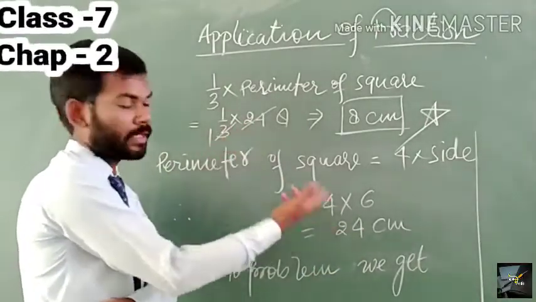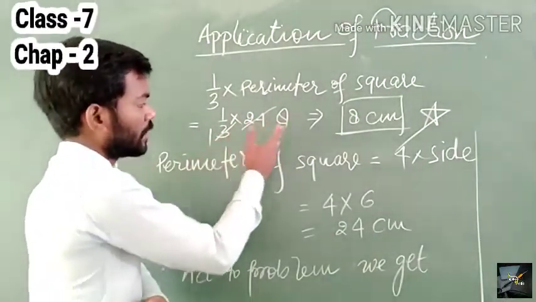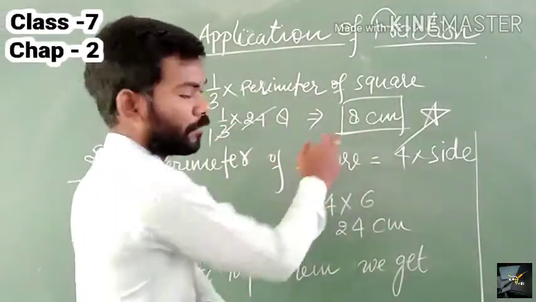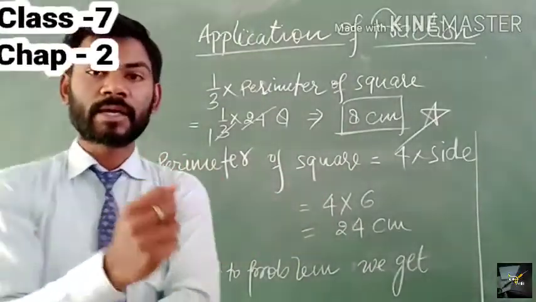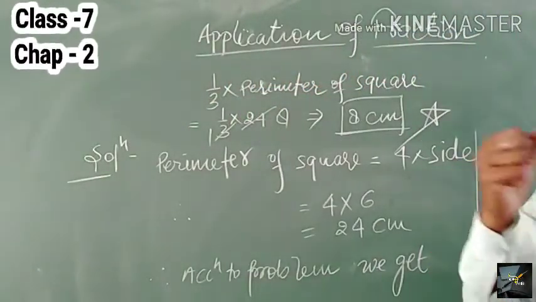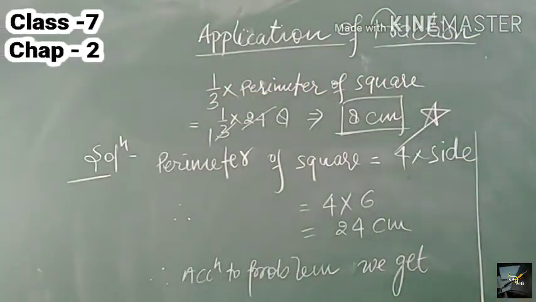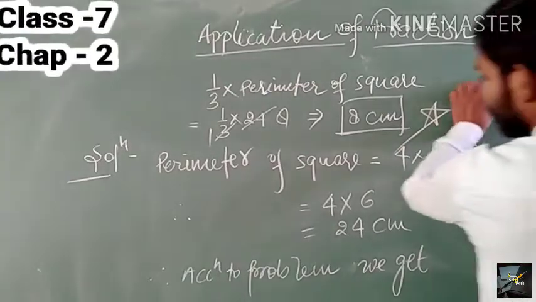Now simplify. When we simplify, we get 24 divided by 3 gives 8. Therefore, 8 will be the 1/3 length of the perimeter of a square. Okay students, I hope the solution is clear. Now let us see the next question.